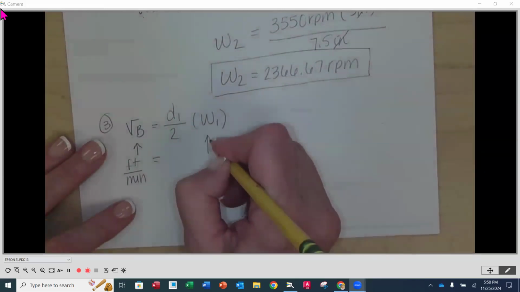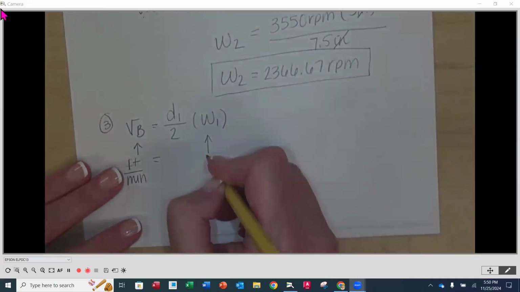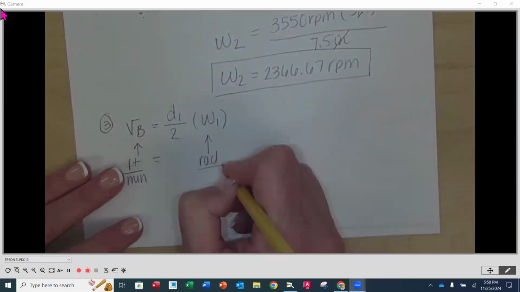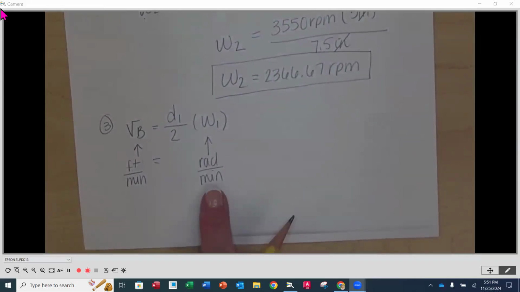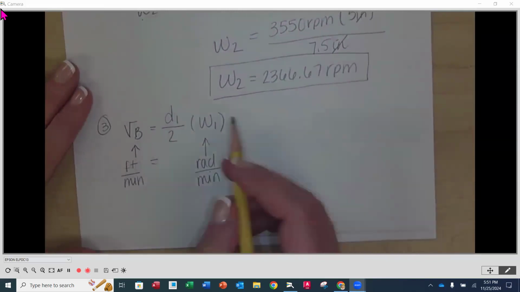But what it means is for our angular velocity, we want to put this in radians per minute rather than radians per second, because otherwise we're going to end up converting it back into minutes later on, okay? So just so you know, because we're dealing with belt speed, feet per minute are the standard units. So we're going to put this in radians per minute rather than radians per second, okay? So now we're ready to put in whatever we need to.